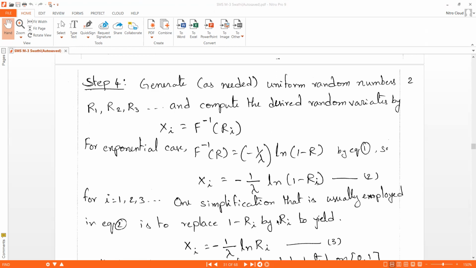Now we'll see step 4 in the inverse transformation.